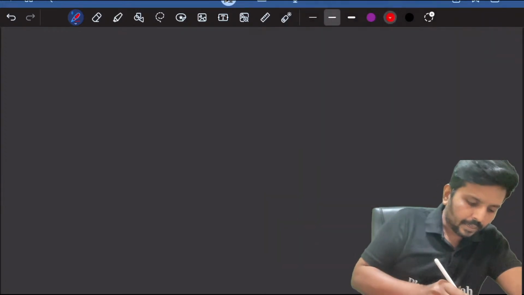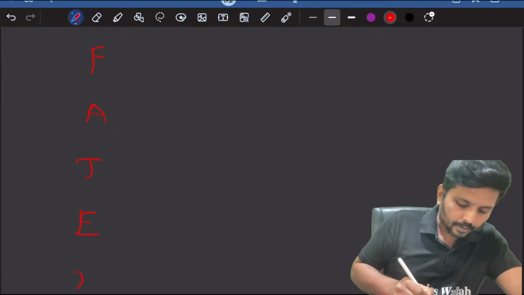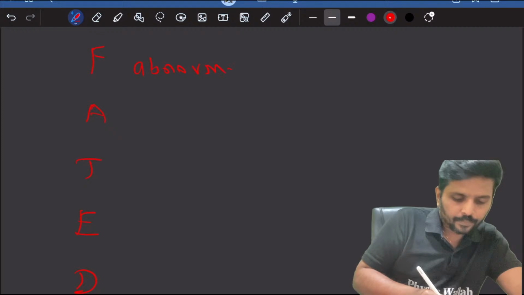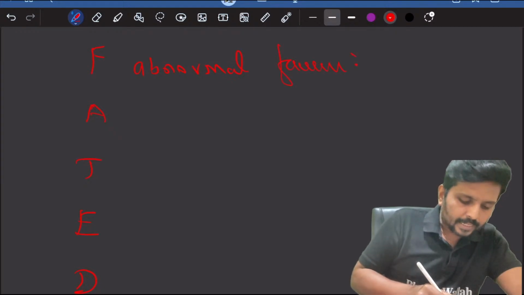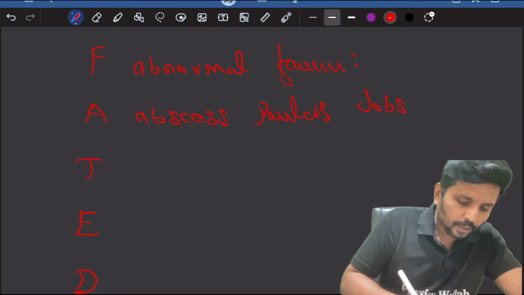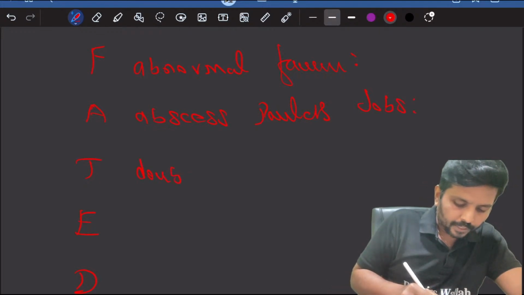You need to know something called FATED. F, A, T, E, D. F stands for abnormal facies. A stands for abscess formation, that is painless abscess formation, and this is called Job's syndrome. T stands for double row of teeth.